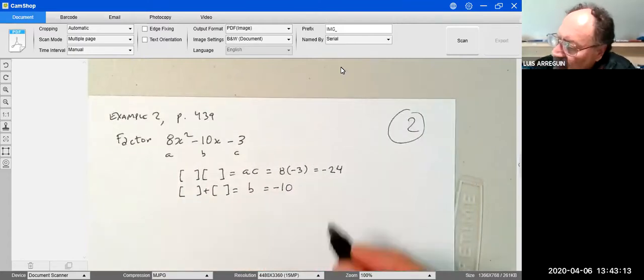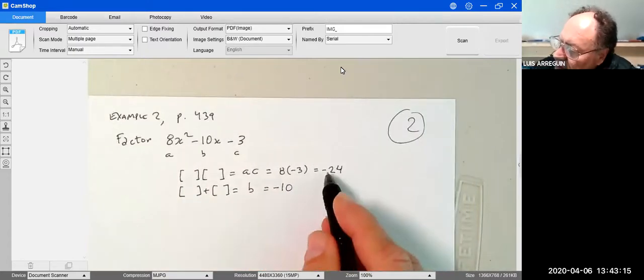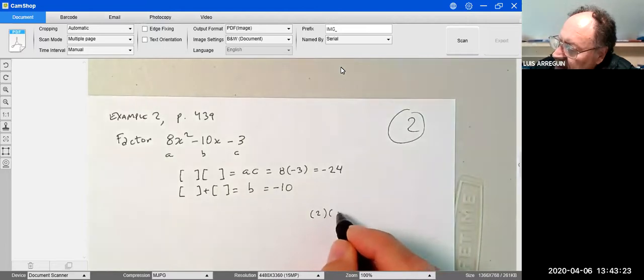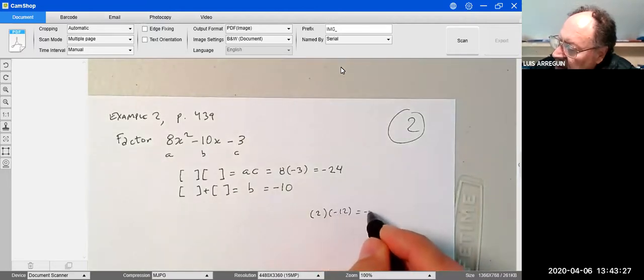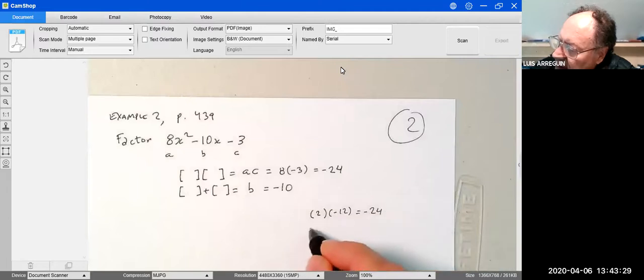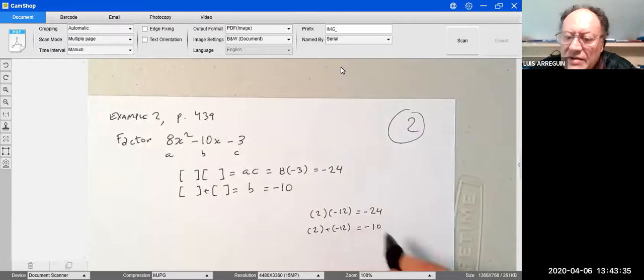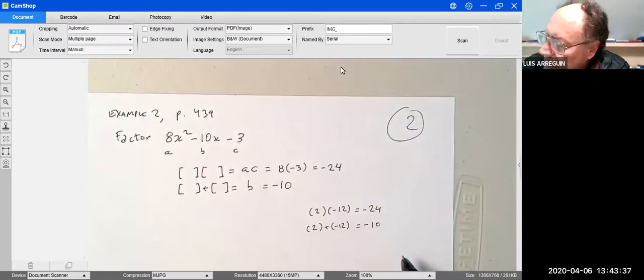So I need to start looking for candidates. Two numbers that multiply to negative 24 might be 2 times negative 12, and if I add them, 2 plus negative 12, I get negative 10. So this problem was easier than the other one.